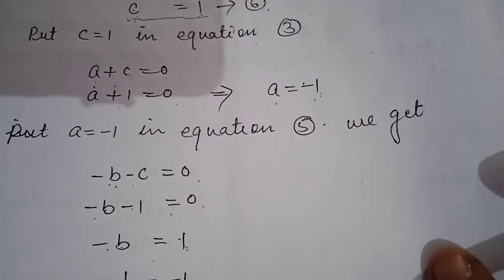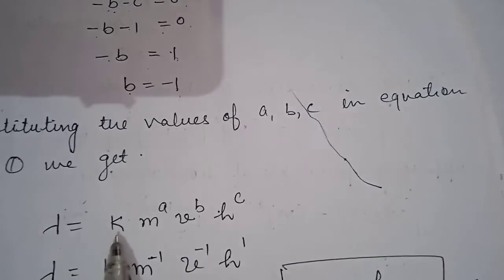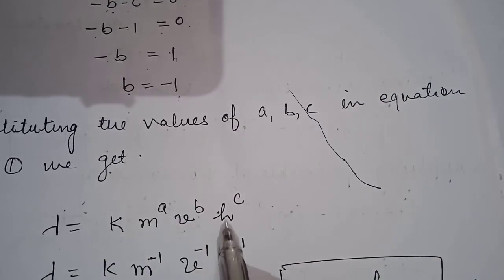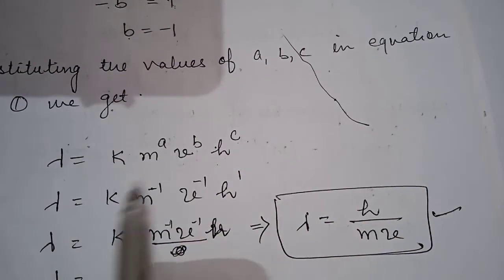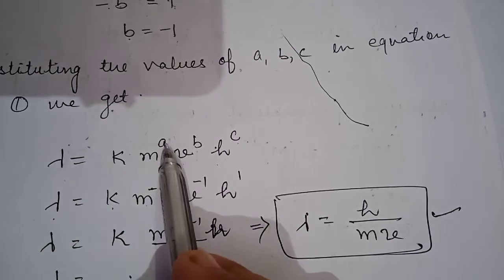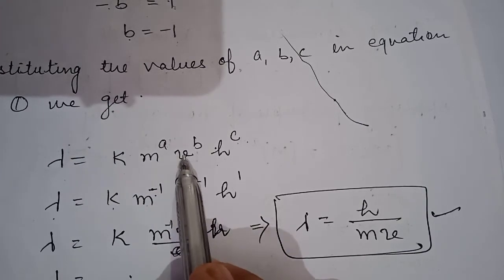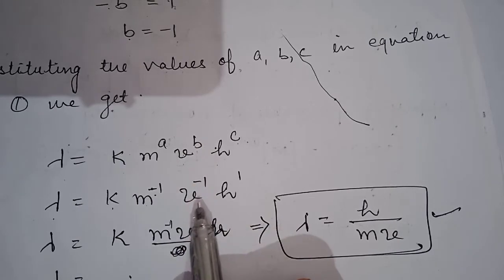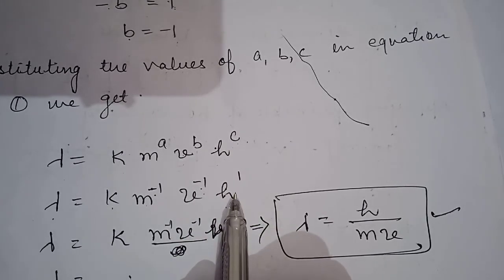Equation 1 is lambda is equal to k m raised to power a, v raised to power b, and h raised to power c, where h is Planck's constant. Putting the values of a, b, c, lambda is equal to k m raised to power minus 1, v raised to power minus 1, h raised to power 1.